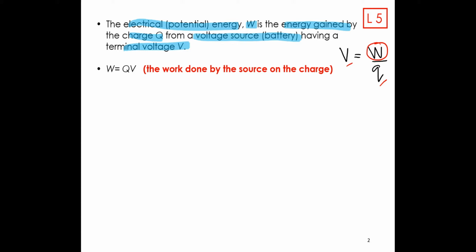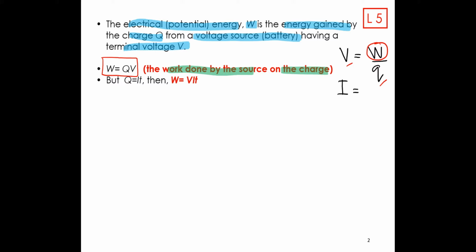Then you just rearrange your equation, making work the subject. So work equals QV, Q times V. This is the work done by the source on the charge. And refer to the definition of current.